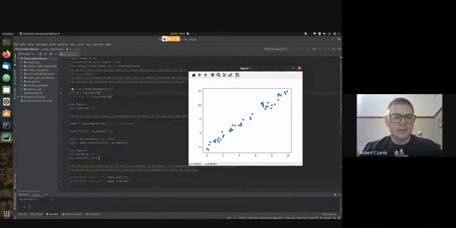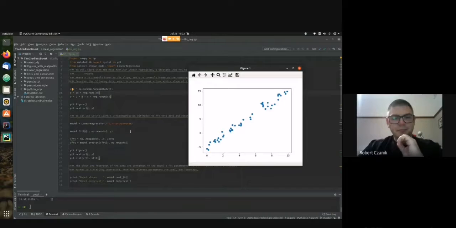Okay, so forget about that line. This is the case that we actually want to fit to our data. So now we've got these 50 randomized points on our x and y values, and in reality we wouldn't have that equation. So we would just have this collection of points, x and y.